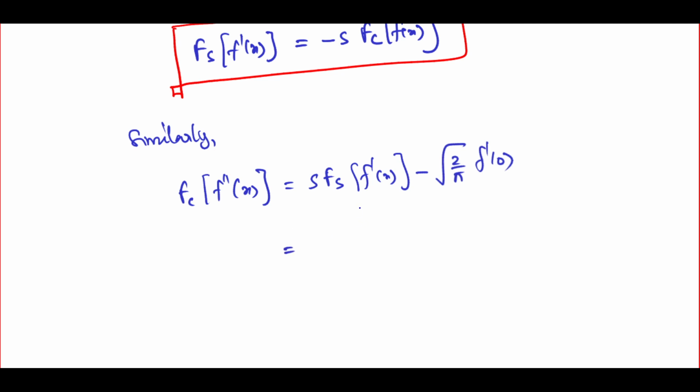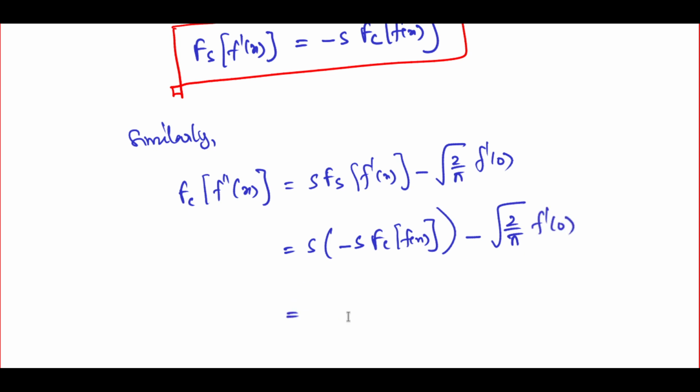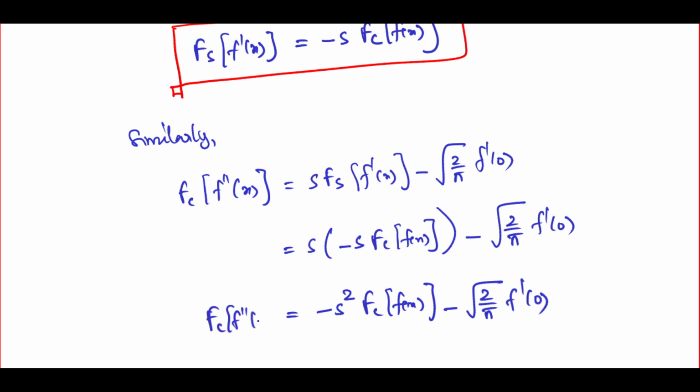This we have just now proved, so this is s into minus s times Fourier cosine transform of f of x minus square root of 2 by pi into f dash of 0. Therefore, this is nothing but minus s square Fourier cosine transform of f of x minus square root of 2 by pi into f dash of 0. So that's my Fourier cosine transform of f double dash.